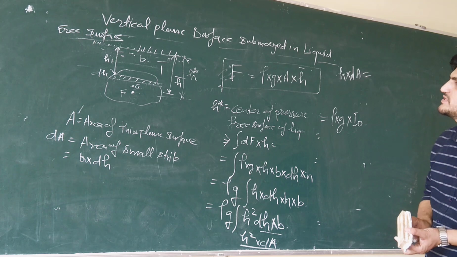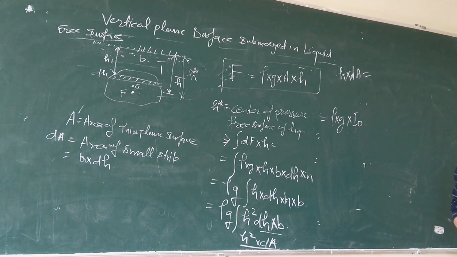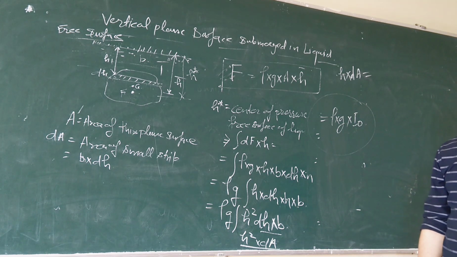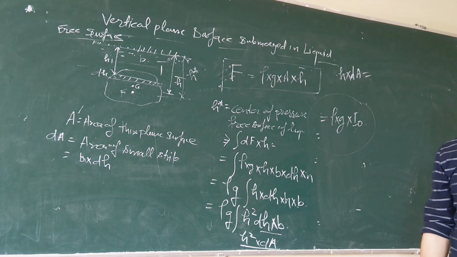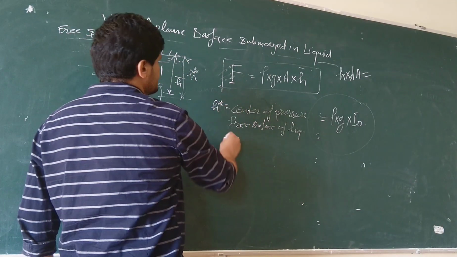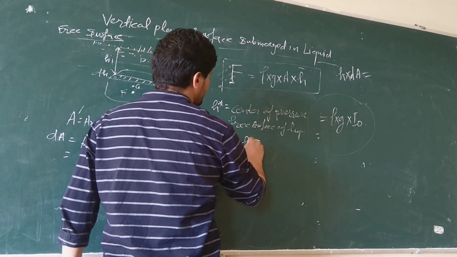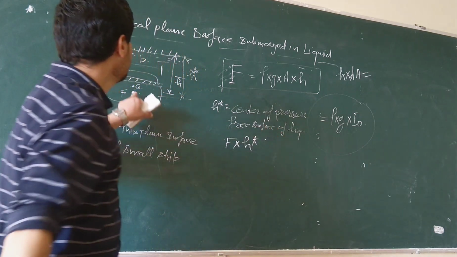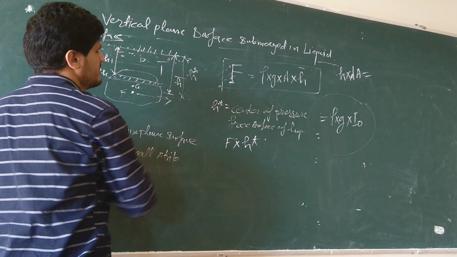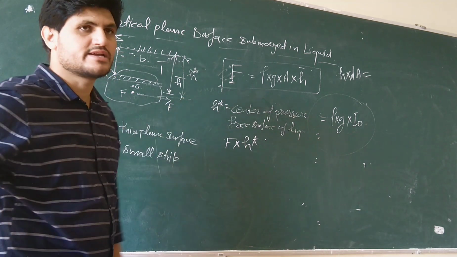Now as per the principle of moments, this moment will be equal to the moment produced by the resultant force. The moment produced by this force is F into h star, right? Suppose this is the point where this force is acting, okay?